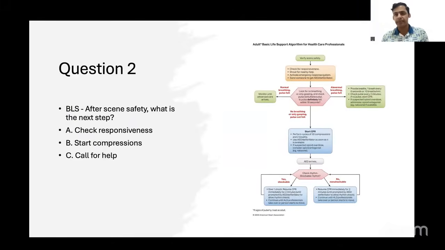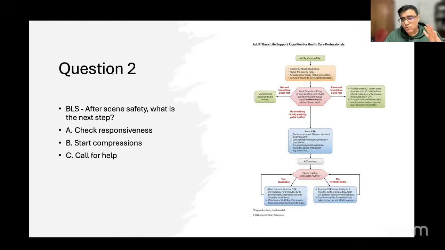Okay, so question two was BLS. In BLS, after scene safety, what is next? Some of the people recalled the options as check responsiveness, start compression, or call for help. BLS is a very rigid algorithm, a very algorithmic approach to cardiopulmonary resuscitation, or CPR.